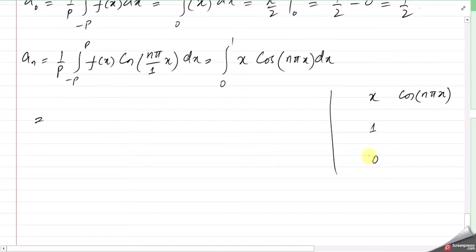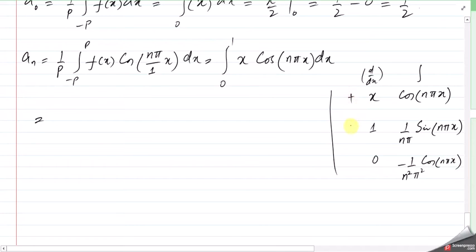So we take the derivative of the first one, d by dx of the first one, and the integral of the second one. The integral of cos n pi x is 1 over n pi sine n pi x, and the integral of sine n pi x is cos n pi x.